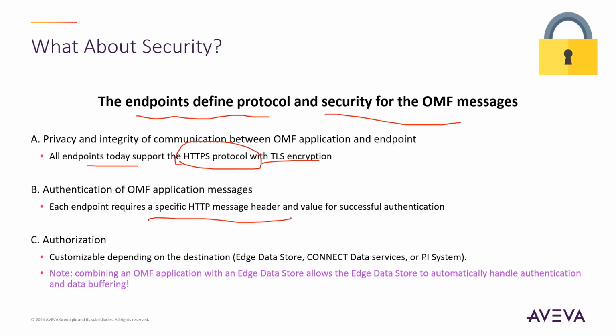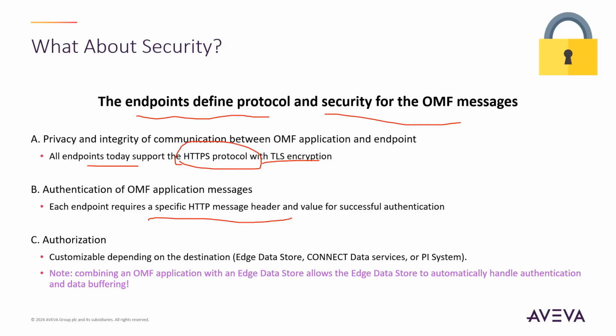You're using bearer against Connect Data Services. In case you're asking how to define authentication, that's not handled within OMF. That's between your application and the endpoint. So it very nicely decouples that from the code that you have to write. So just a quick clarification point. Again, this is a point that's mentioned in the documentation as well, getting into how specifically that can work.